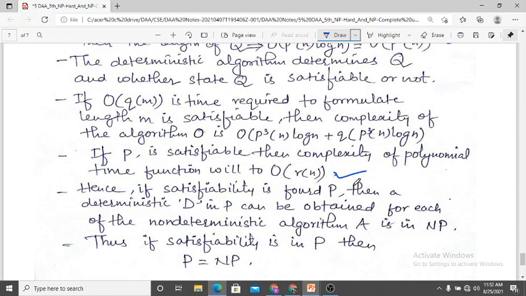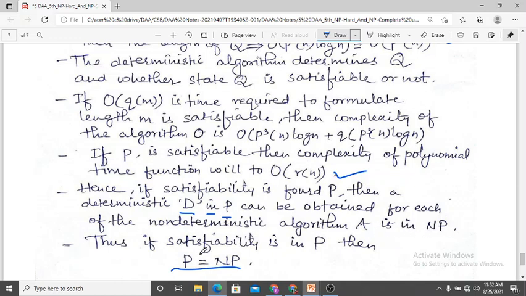Hence if satisfiability is in P, then a deterministic algorithm D in P can be obtained for each of the non-deterministic algorithms A in NP.